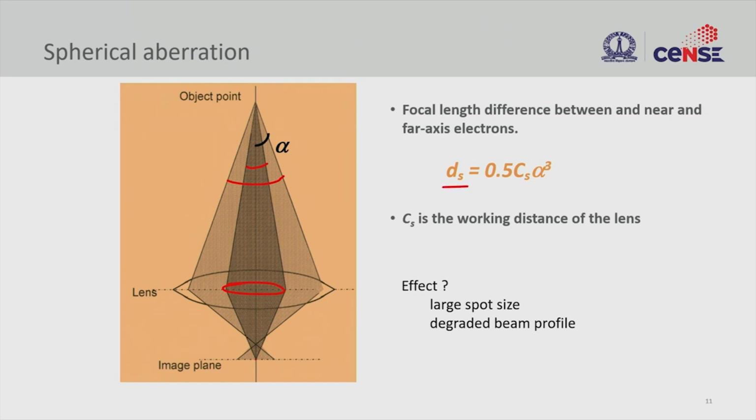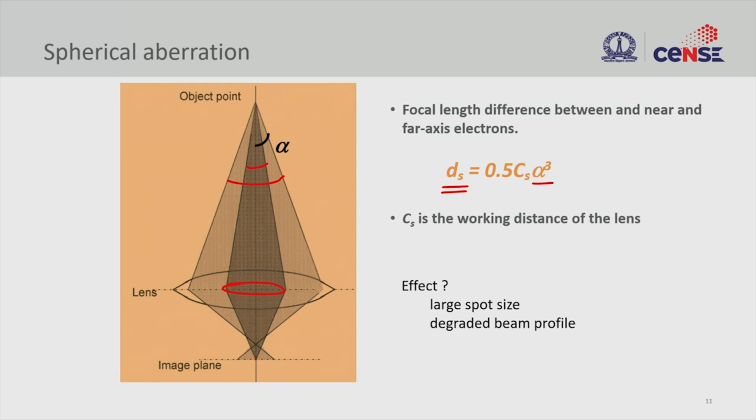That is determined by the focal working distance of the lens and the solid angle at which it is diffracted. As you can see here, it's alpha to the power of 3. So very quickly your spherical aberration can affect your focal spot size.